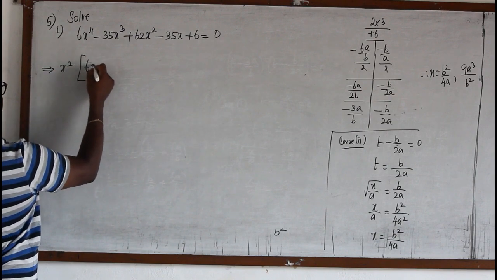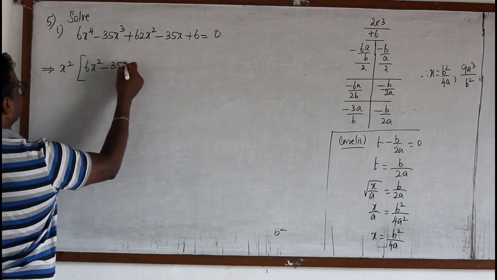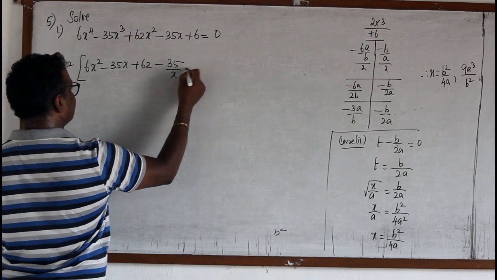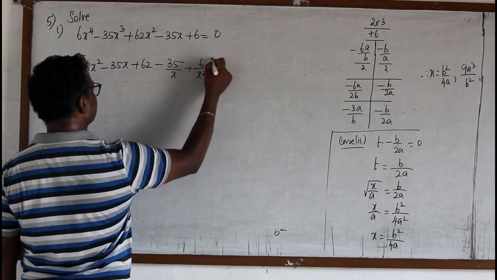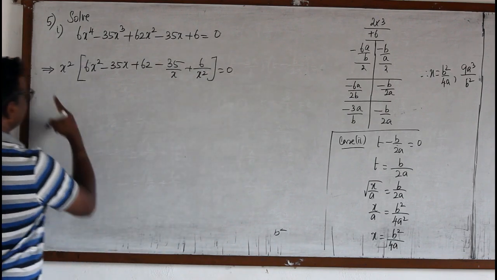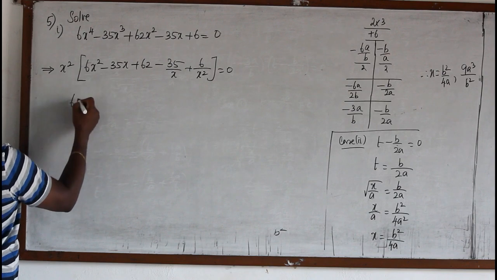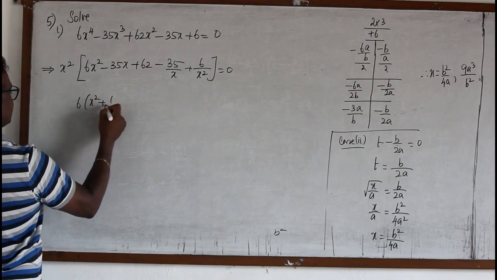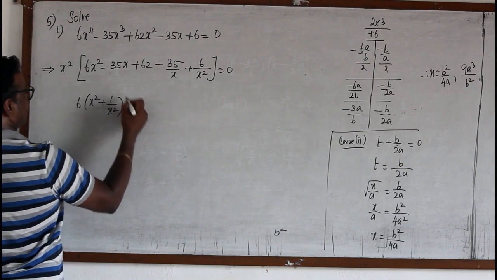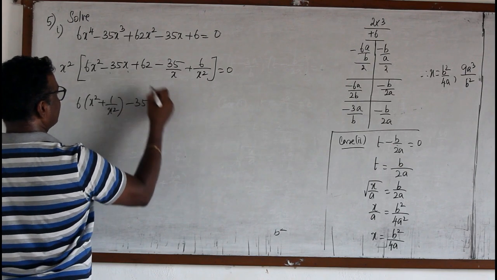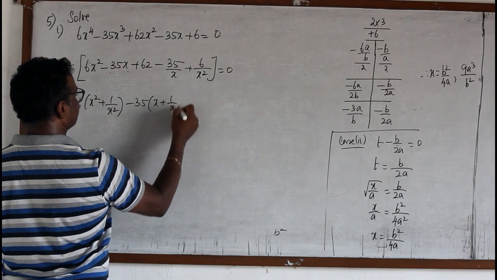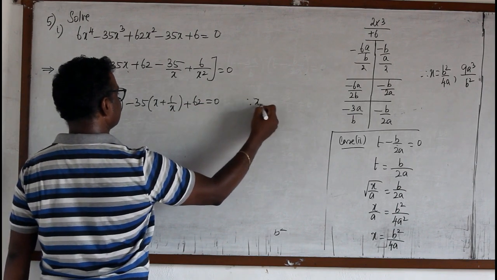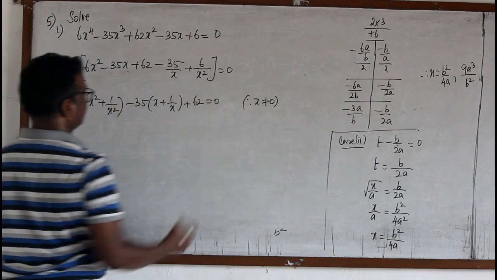Then it is 6x square minus 35x plus 62 minus 35 by x plus 6 by x square equal to 0. Here x is not equal to 0. So 6 if I take it out, x square plus 1 by x square, minus 35 if I take out, x plus 1 by x, plus 62 equal to 0 since x is not equal to 0.